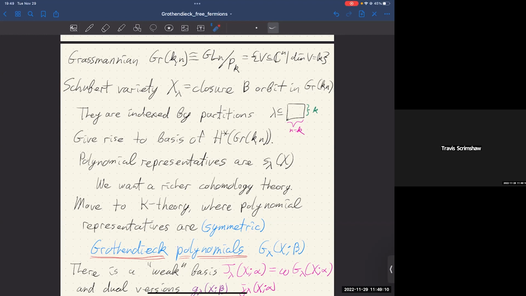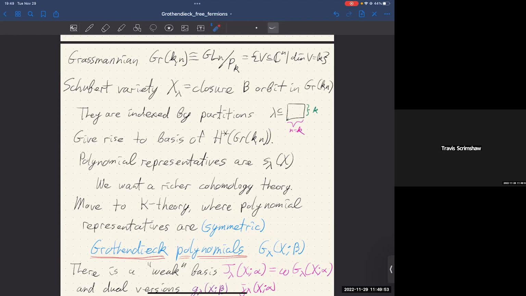And for this basis of the cohomology ring, we can equate the Schubert variety indexed by lambda, well, its cohomology class, with a Schur function corresponding to the same partition. And the multiplication in the cohomology ring precisely corresponds to multiplication of Schur functions up to some ideal. In this case, we just are quotienting by Schur functions that don't lie inside the rectangle.